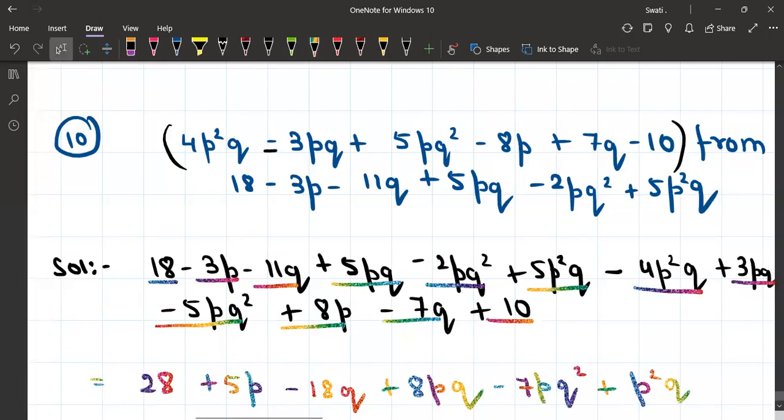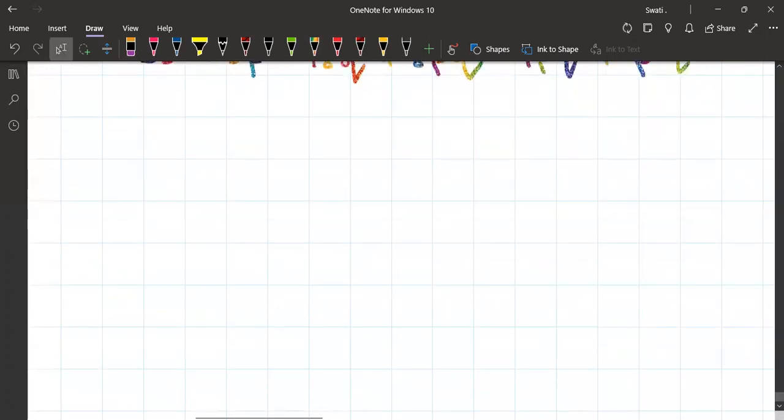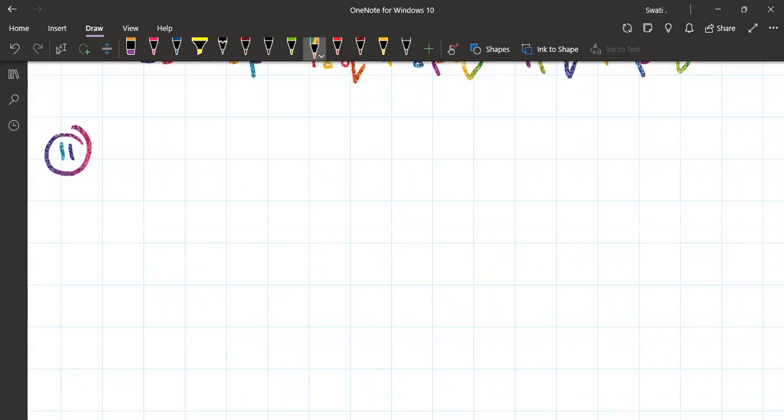Now let's move to the 11th question. The 11th question is going to be on multiplication. So let's solve the first question on multiplication. We need to multiply 4 and 7p. The question says find the product of this. This is a very basic question that I've taken.